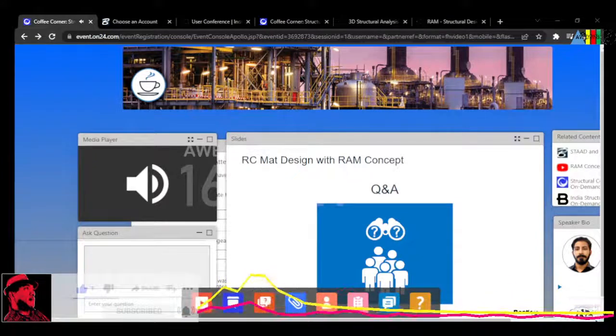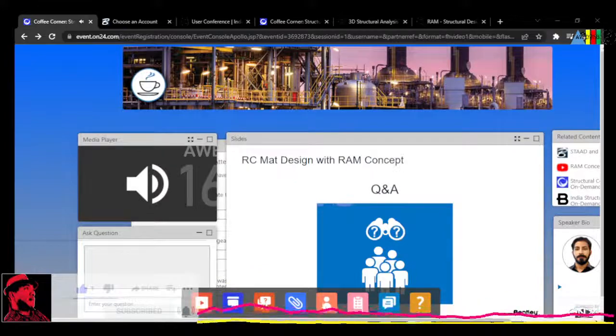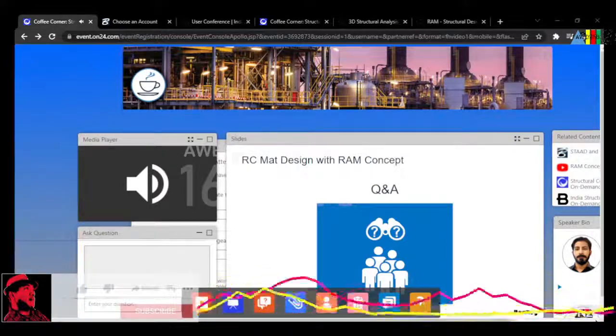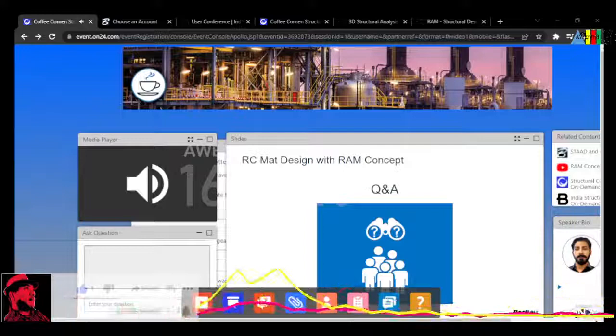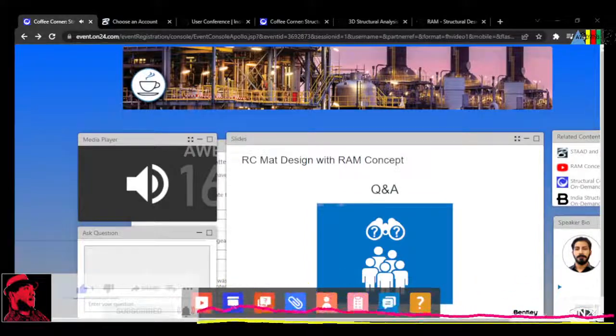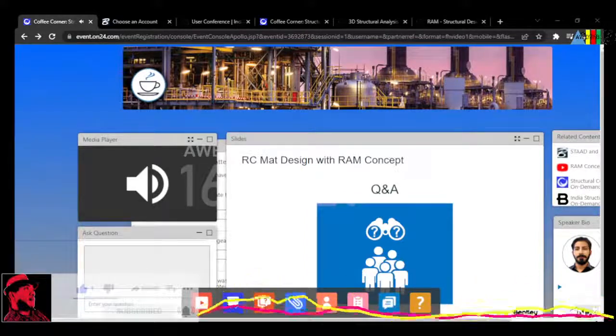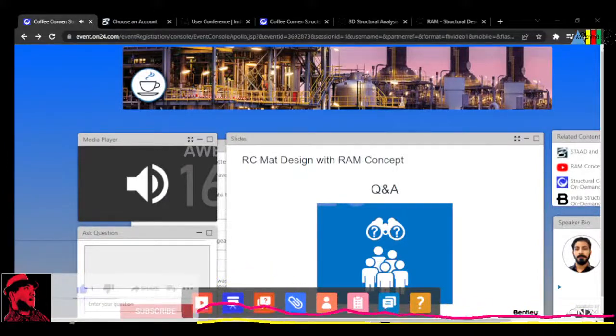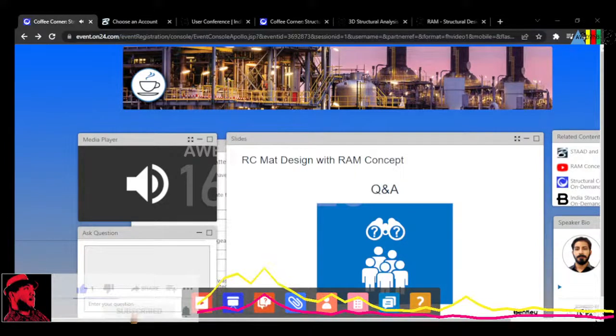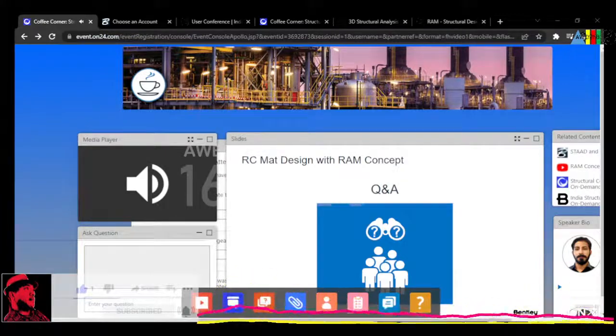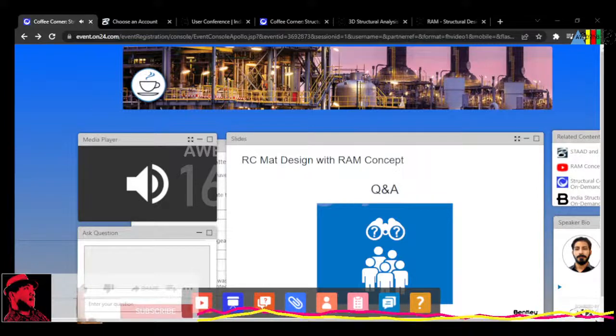Okay, so the first question I can see is: I'm looking into a STAAD tool that can help me with stack foundation design. I'm not sure what this stack foundation design means.